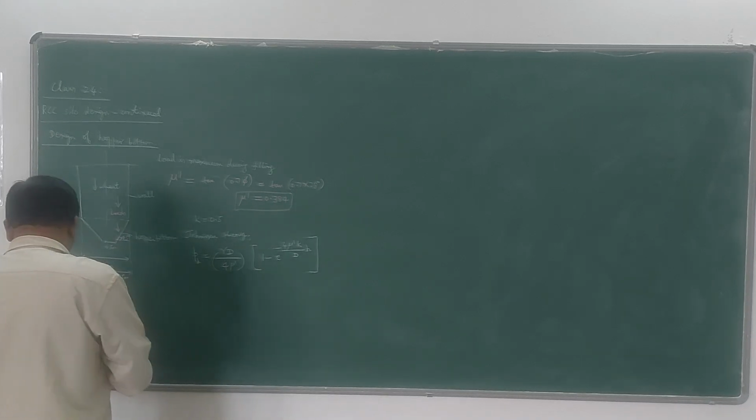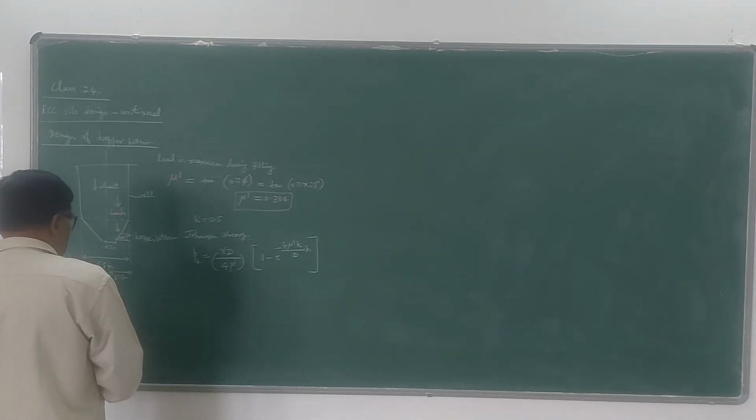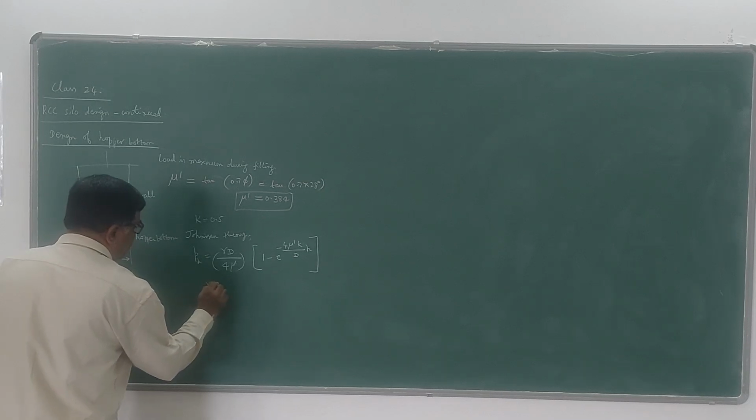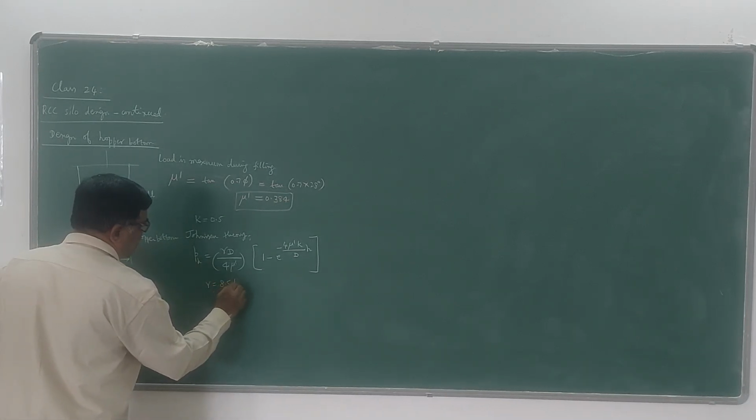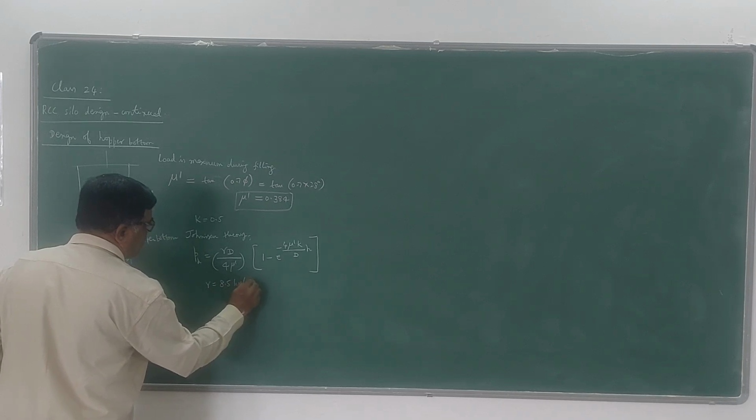Here all these values you will be knowing. Gamma is 8.5 kilonewton per meter cube, the density of wheat, given in the problem.